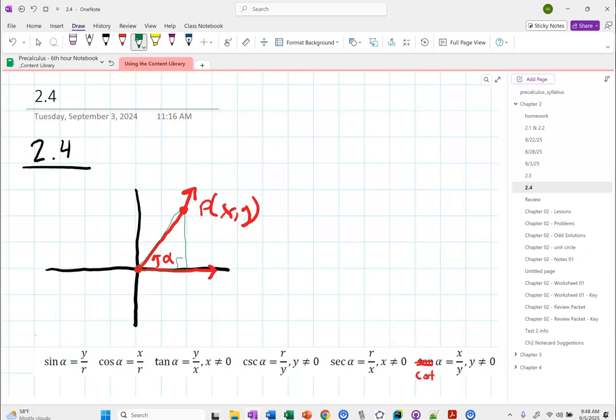So this side of my right triangle, I need to give a label to. The label I'm going to give that side is x, because when I plot this point P, how do I plot a point? I'm going to go x over, and then y up.